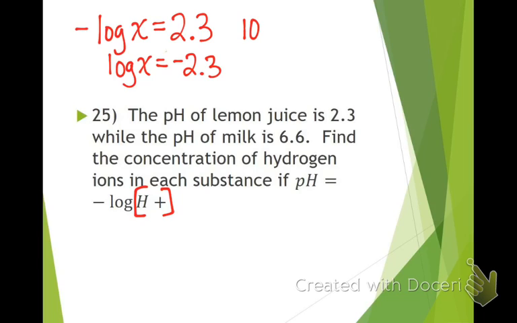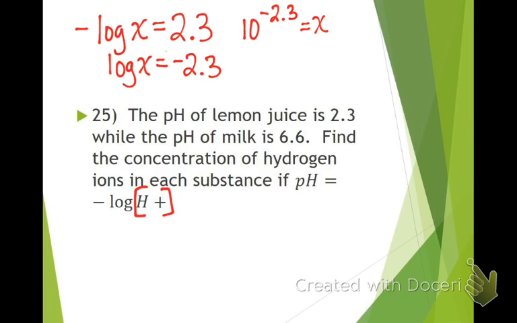If I'm switching this to exponential form, what exponent goes on this 10? If it's not the x, it's got to be the other thing there. Negative 2.3, and that equals x. So that's that same formula that we used from the very front page of our notes.